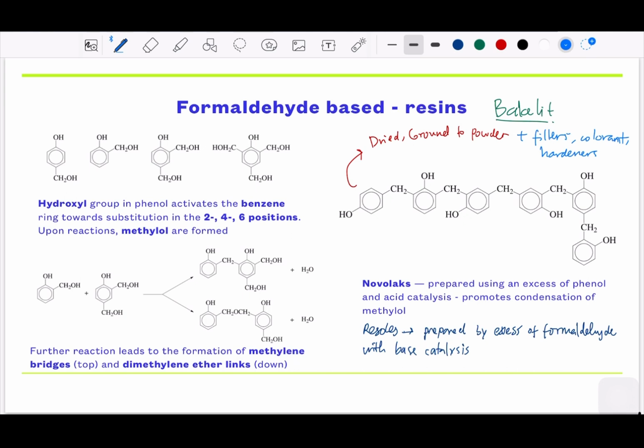And then later we are going to react this with the hardeners. The hardener usually is hexamethylene tetraamine.